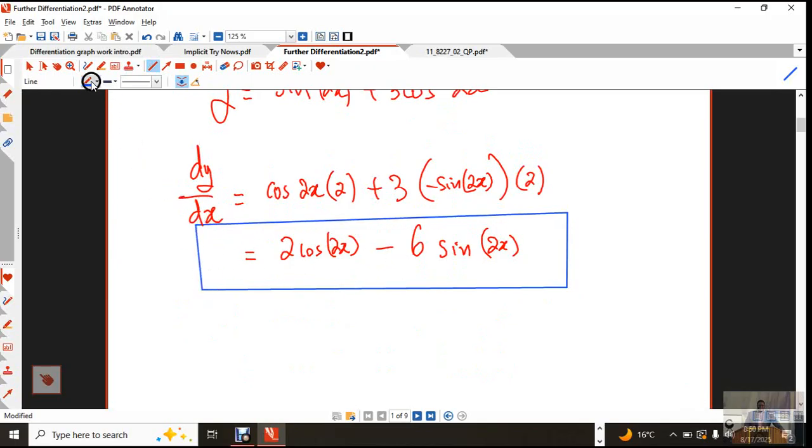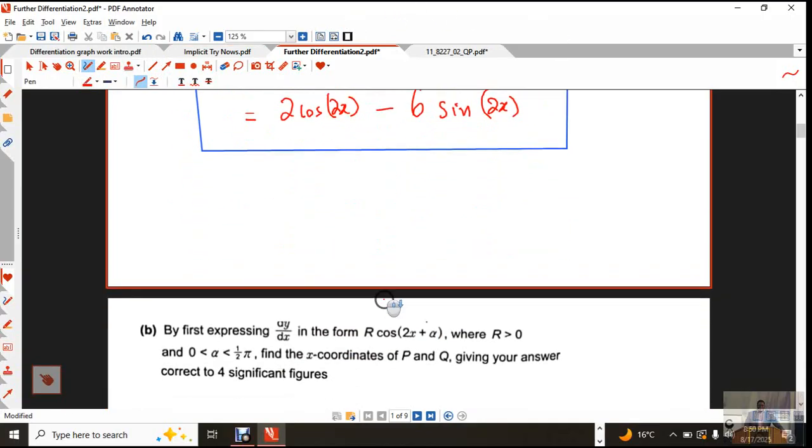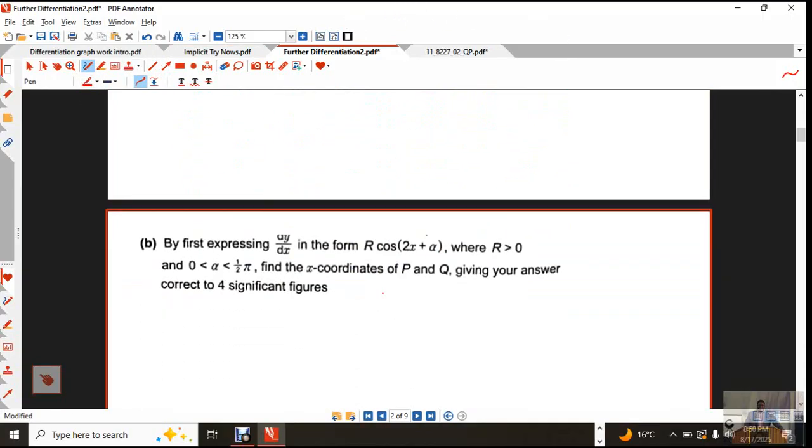Okay, right. So there must be a b part to the question. The b part says, by first expressing dy/dx in the form R cos(2x plus alpha), and I did a question on how to use the R formula.